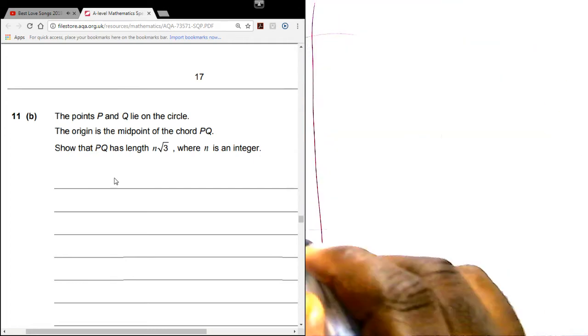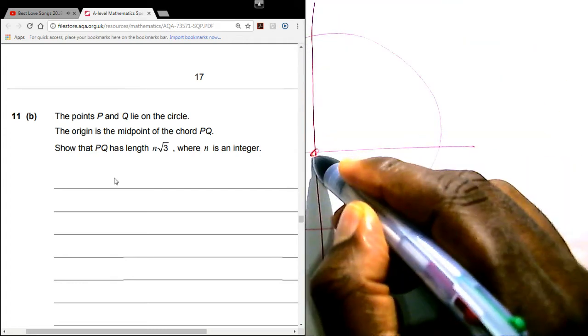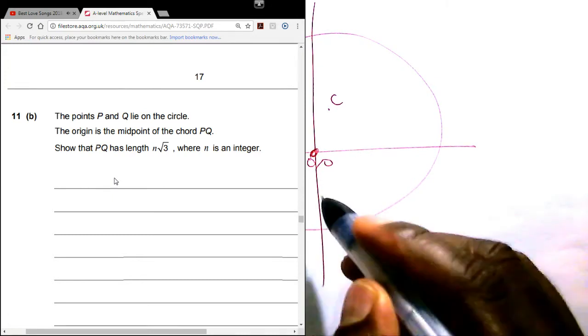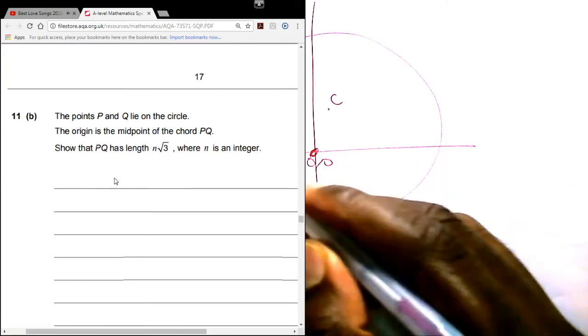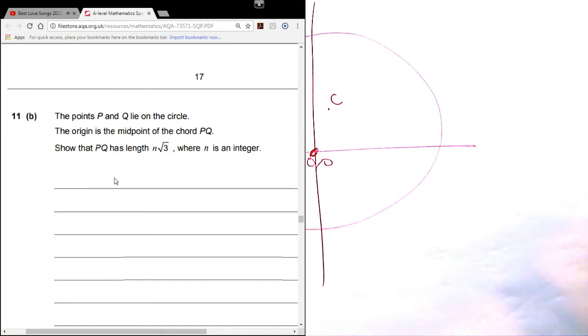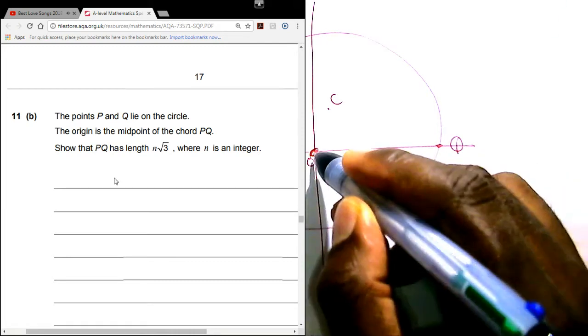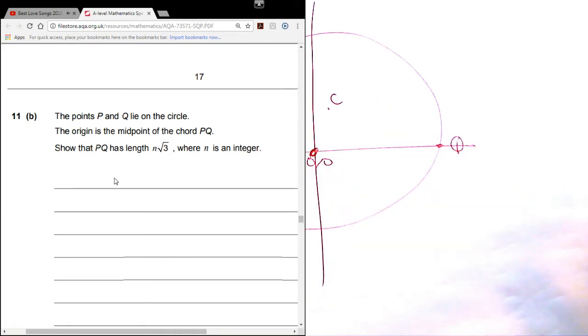We have the origin. This is the origin, 0, 0. The origin is not necessarily the center of the circle, okay? But this origin is the midpoint of those two guys, P and Q. So if this is P and that's Q, then the origin is right in the middle of those two.